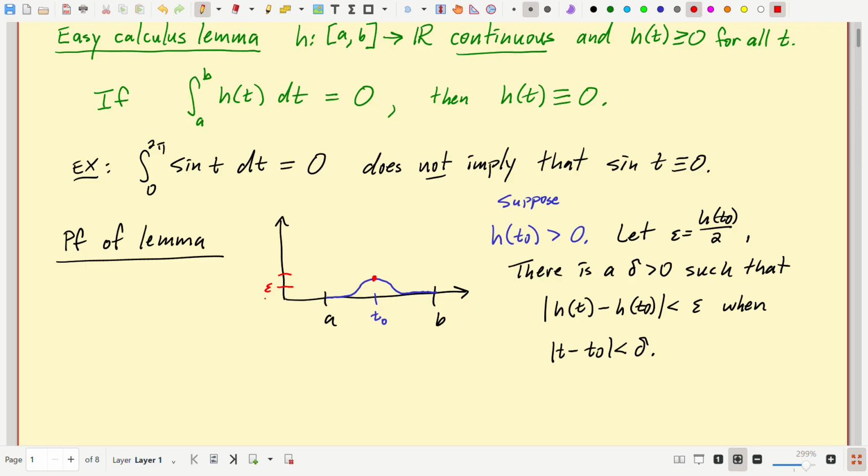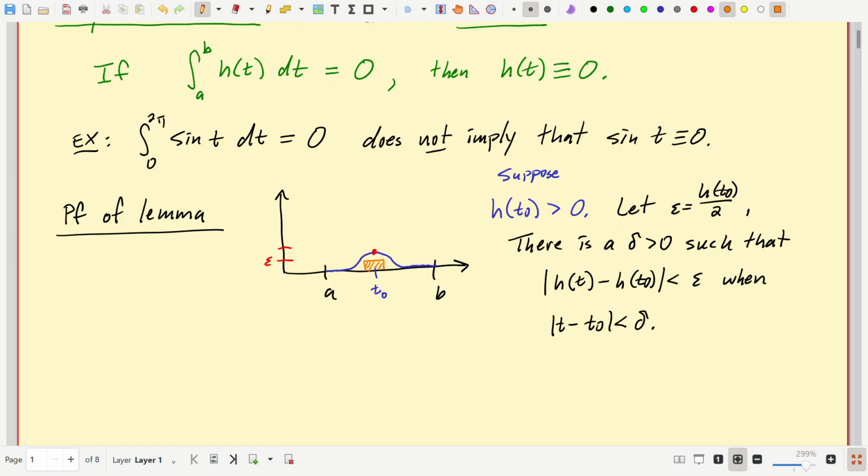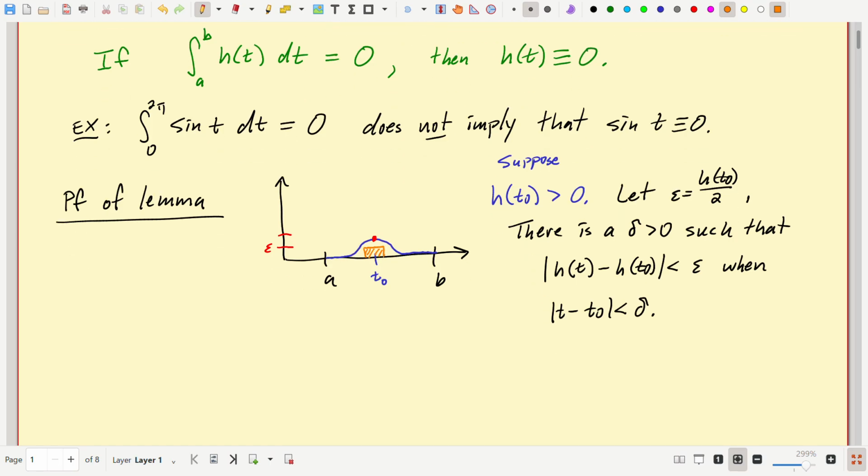So if h of t minus h of t naught is less than that epsilon, then you'll notice that this little box here, this is t naught minus delta, and that's t naught plus delta, is contained under the curve.